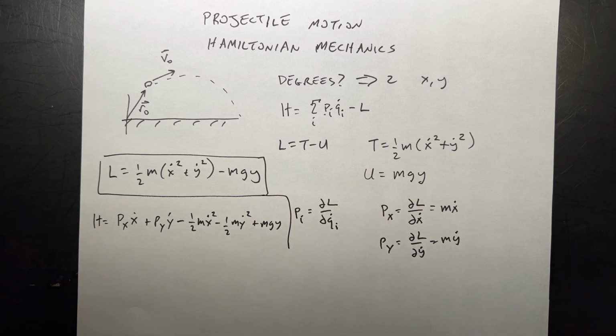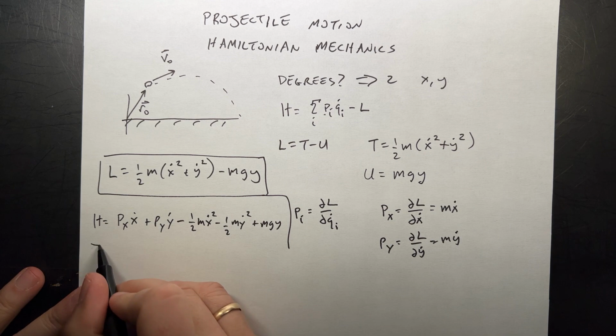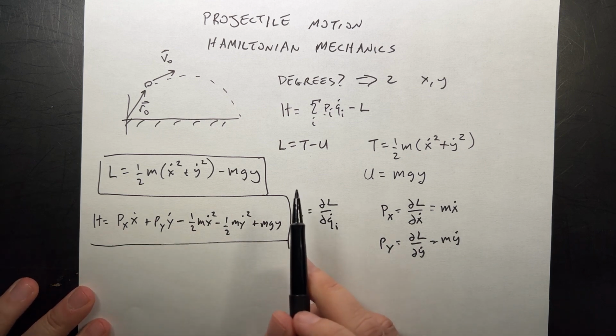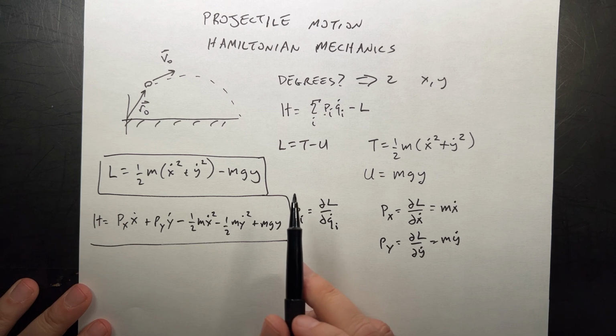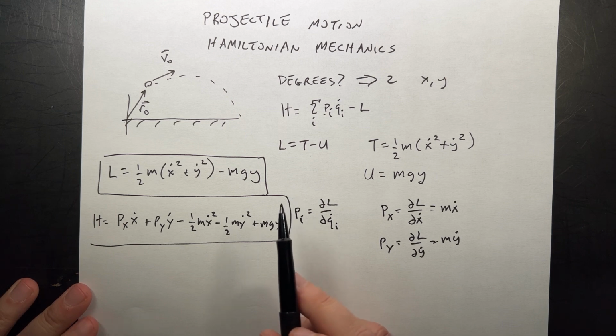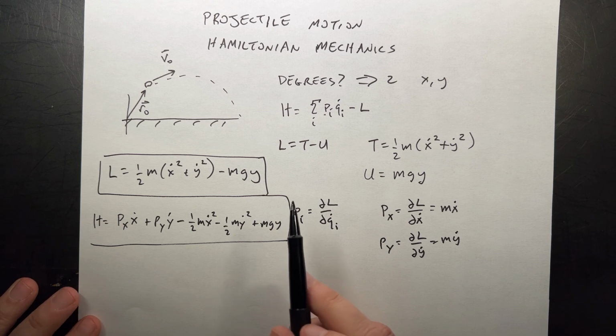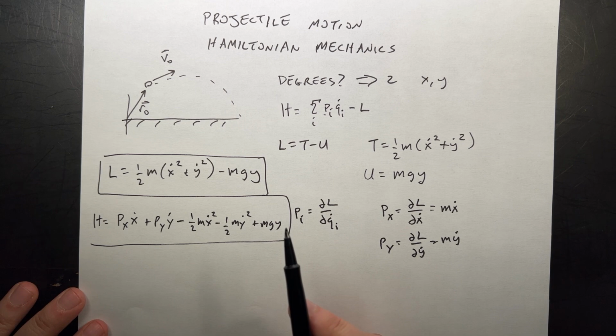Now you'll see that I have a problem here, because I want to get the Hamiltonian in terms of p's and x's. I don't want to have x dot in there, because the Hamiltonian equations depend on p and x, and I can find p dot and x dot from the Hamiltonian equations.